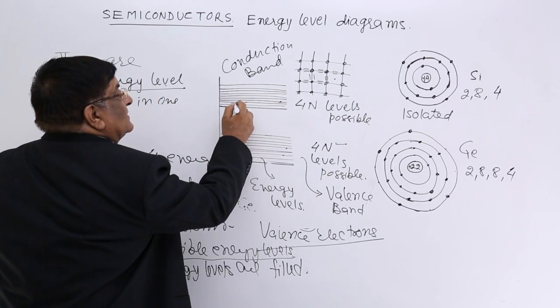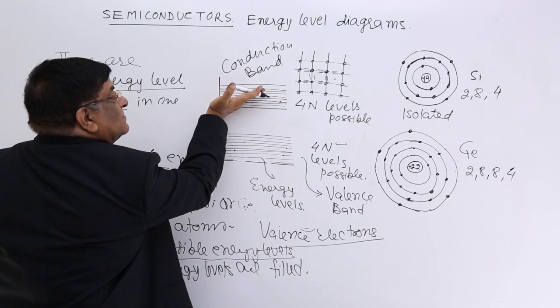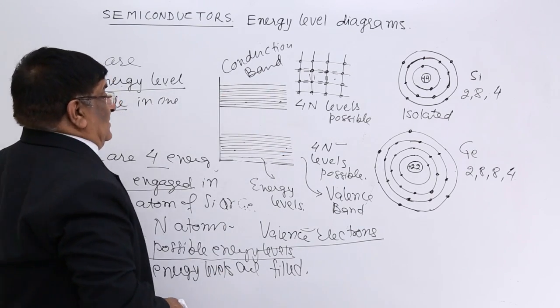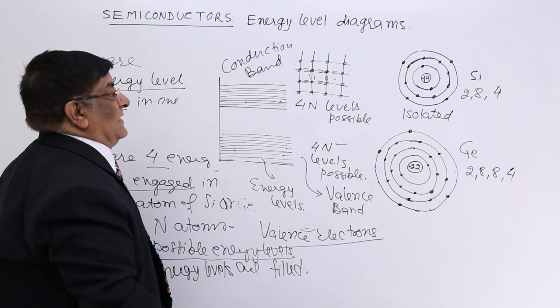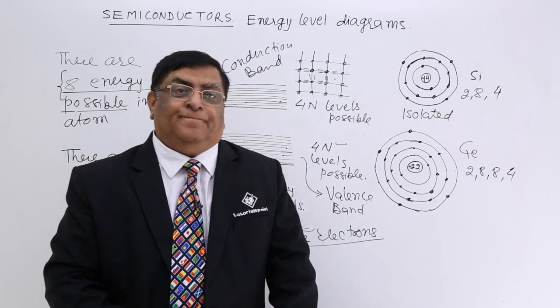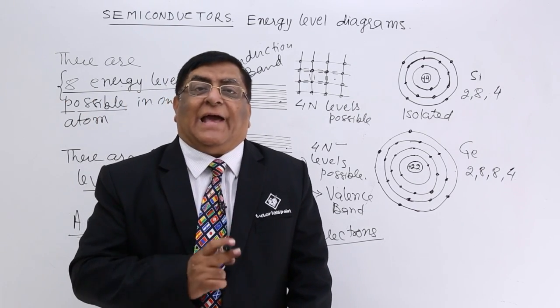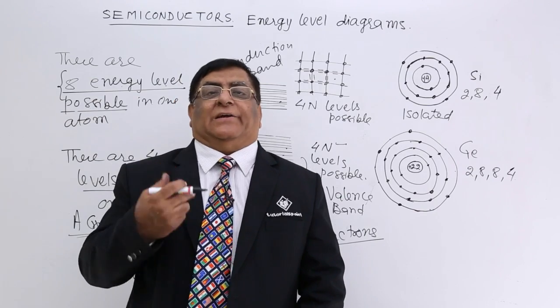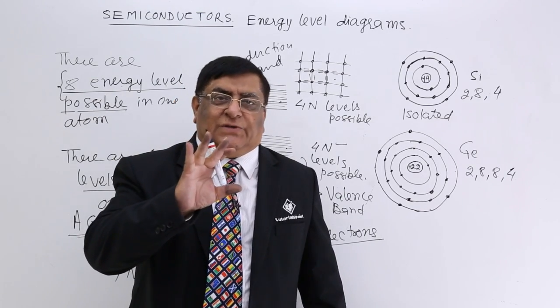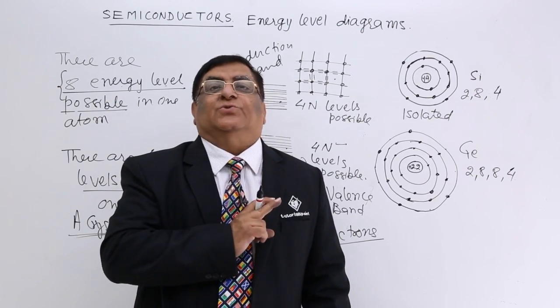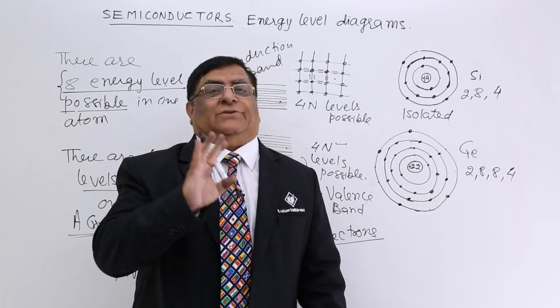All the electrons having this much energy can conduct electricity. These electrons cannot conduct electricity. Now tell me, in a crystal of n atoms, how many electrons are there? Answer: every atom has 4 electrons and there are n atoms, so there are 4n electrons in total.